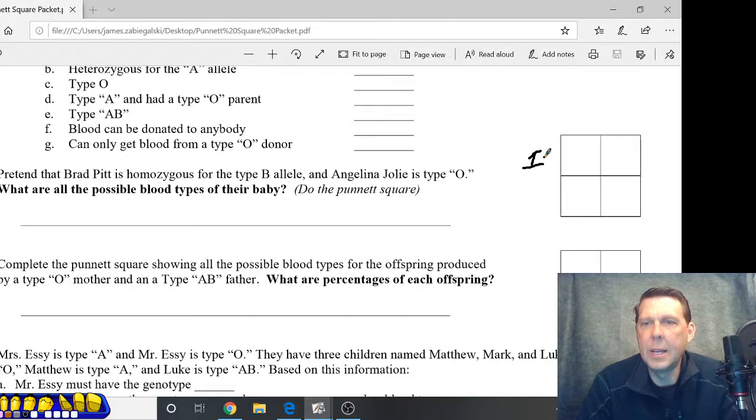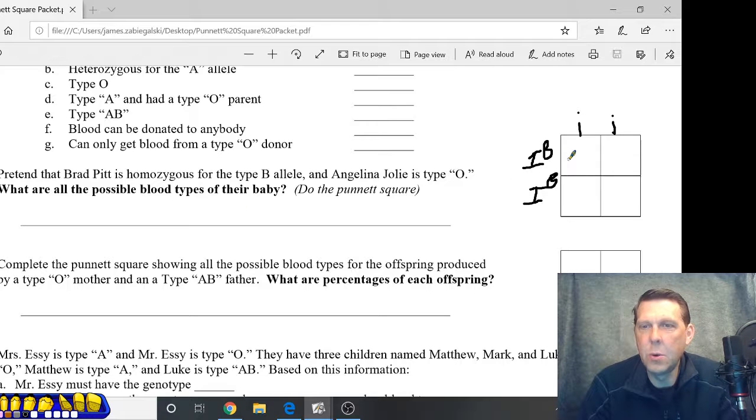If he's homozygous, that means he's B here and B here. And Angelina is type O. What are the possibilities of their baby?